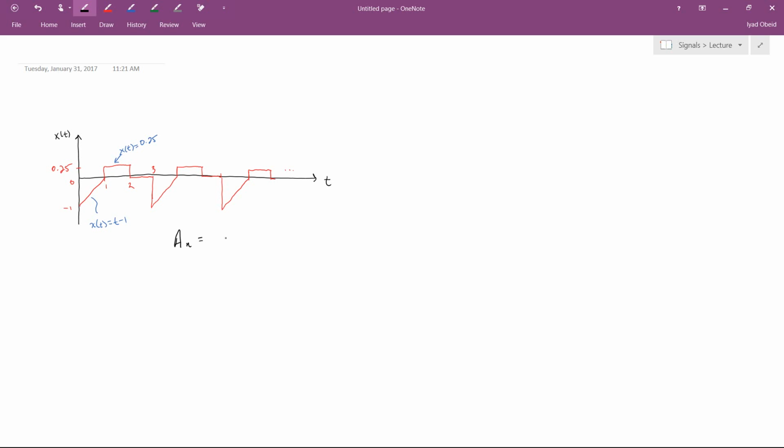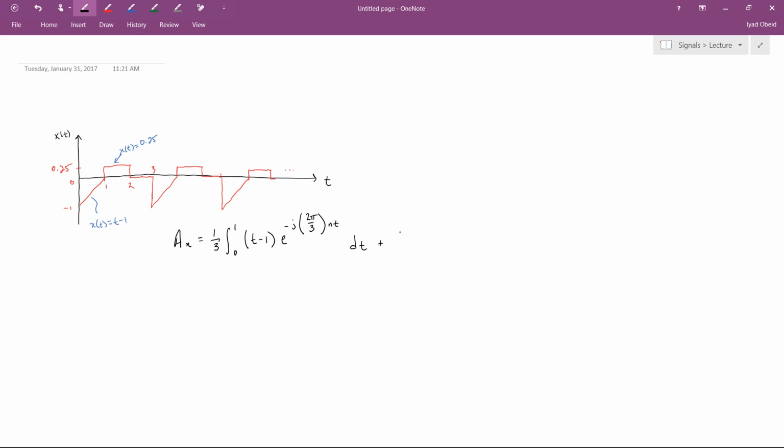And it's going to be, according to the formula, 1/3 times the integral from t equals 0 to t equals 1 of x of t, which is t minus 1, e to the minus j 2 pi over 3 nt dt. So that gets us from t equals 0 to t equals 1.